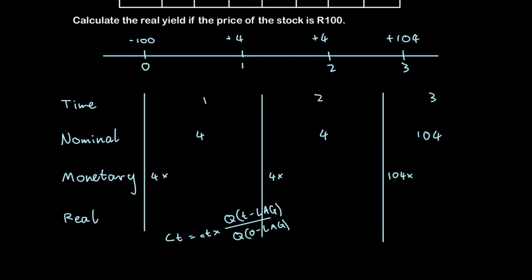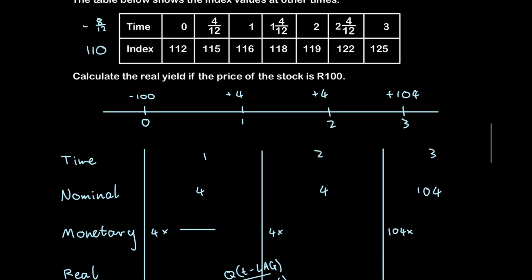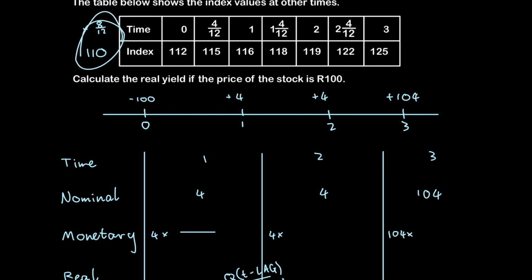All right. So at time 1, we are going to multiply our nominal value by the index that occurs at naught minus lag. So naught minus lag is actually this point over here.